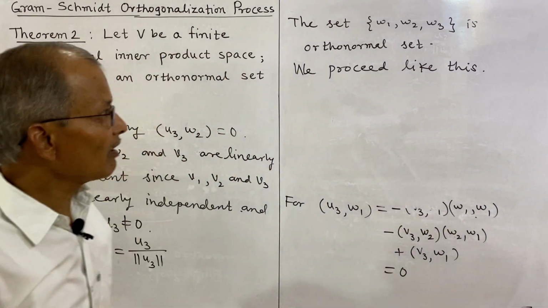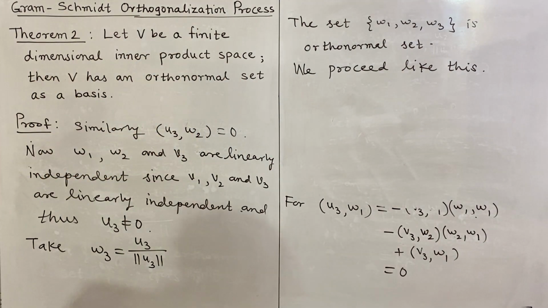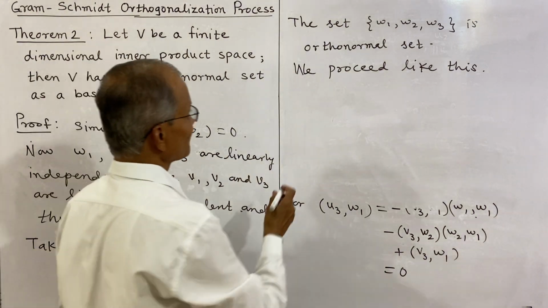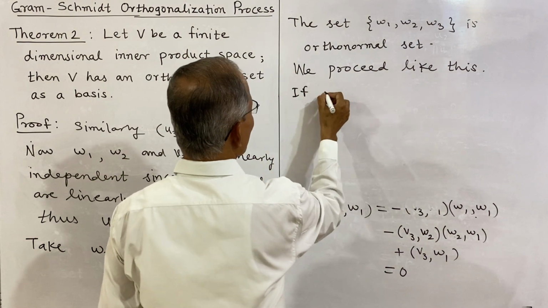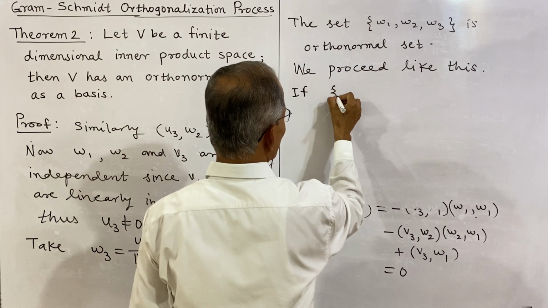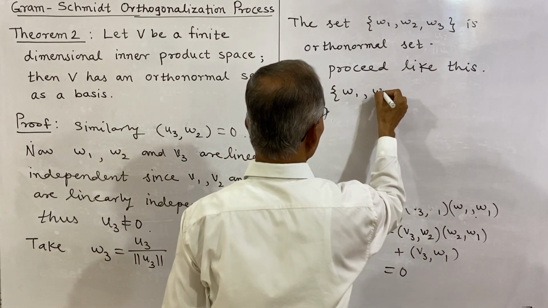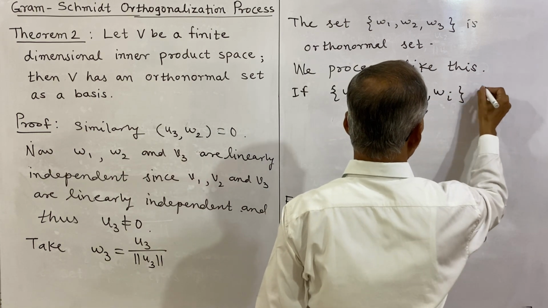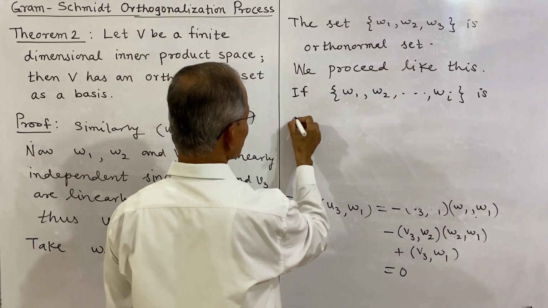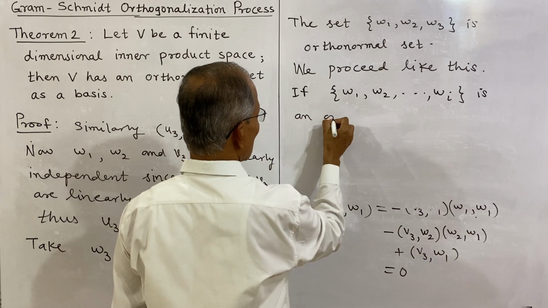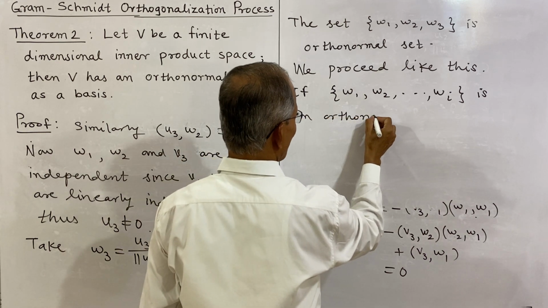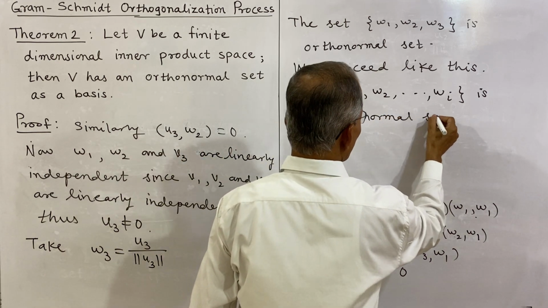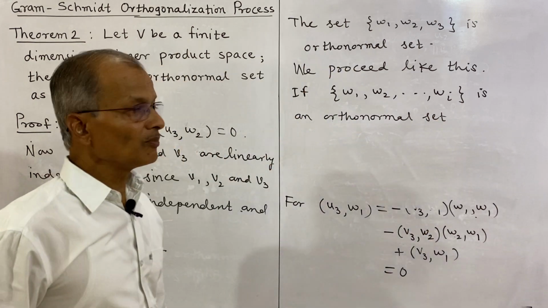And we will obtain, suppose we obtain the vectors W1, W2 up to Wi, and if W1, W2 up to Wi is an orthonormal set, how to find Wi plus 1?